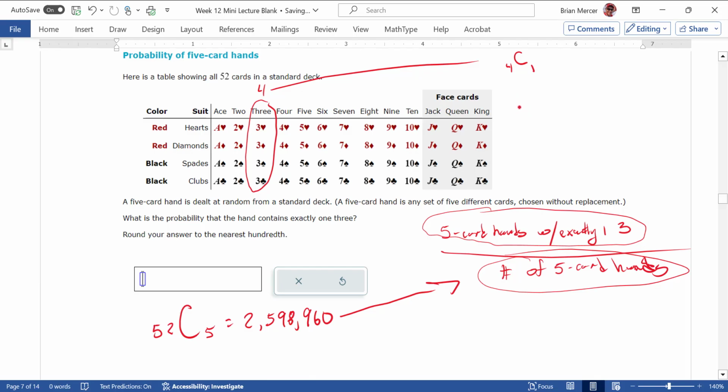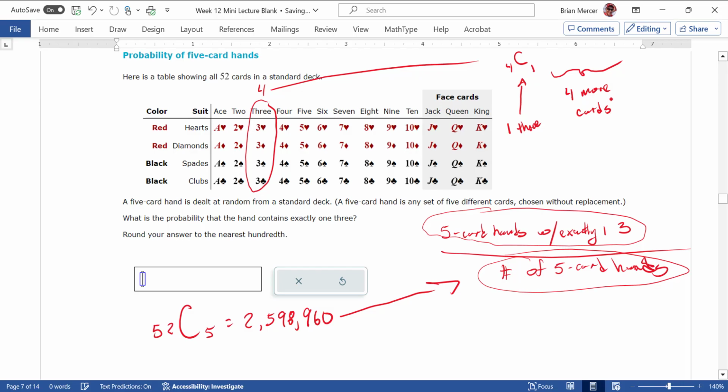So think of it this way. Here's my 5-card hand. There's 1 3. And then I need 4 more cards. So how do I fill out the rest of my hand?